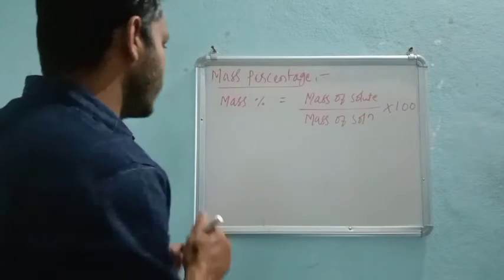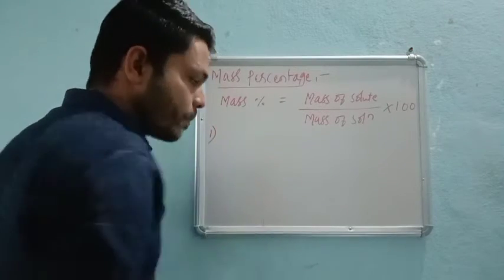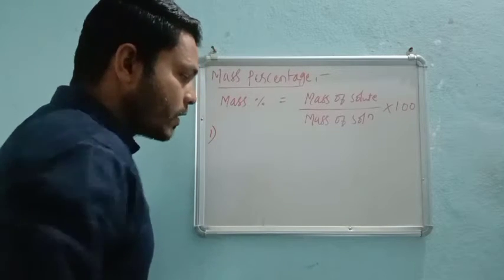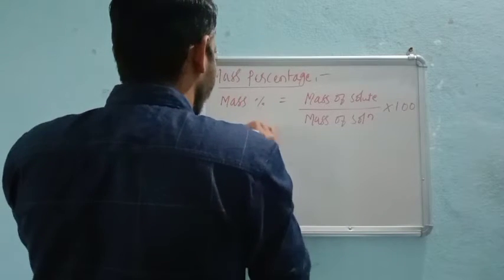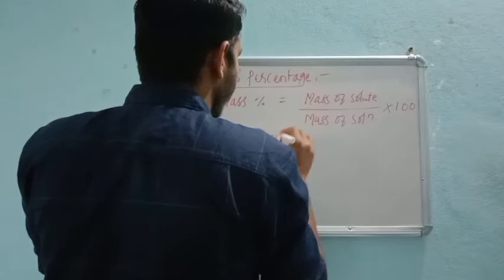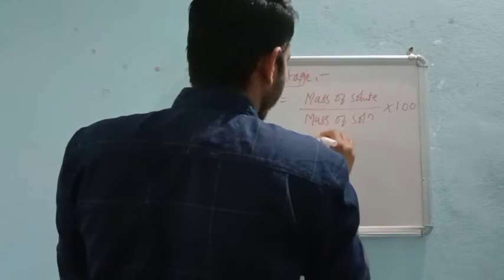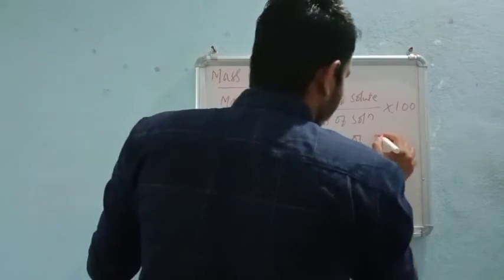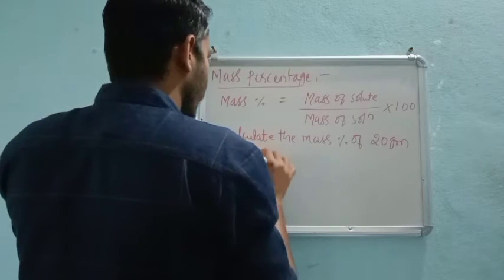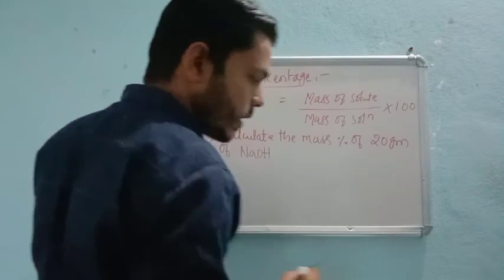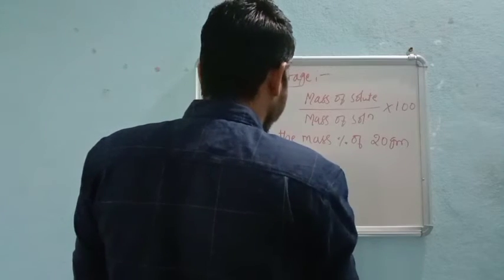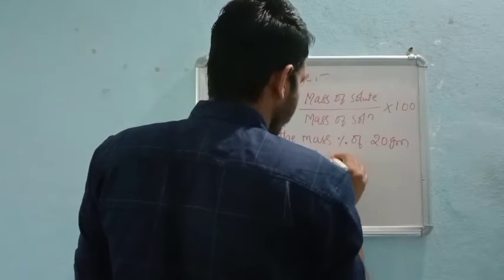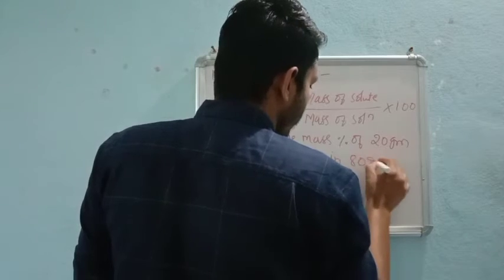First we will see problem number one. Calculate the mass percentage of 20 gram of NaOH present in 80 gram of water.